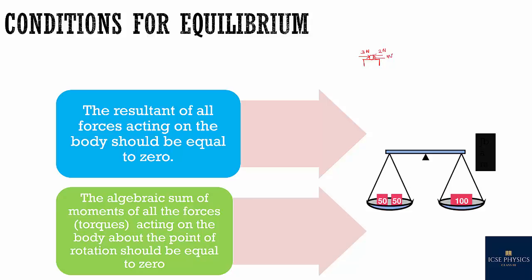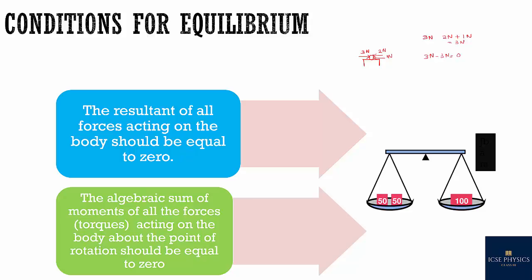So what will be the total force acting on this cup? Let's see. 3 Newton from this side and from the other side 2 Newton plus 1 Newton. That is again 3 Newton. So what will be the resultant force? 3 Newton minus 3 Newton, that becomes 0. So the resultant of all the forces acting on the body should be equal to 0.